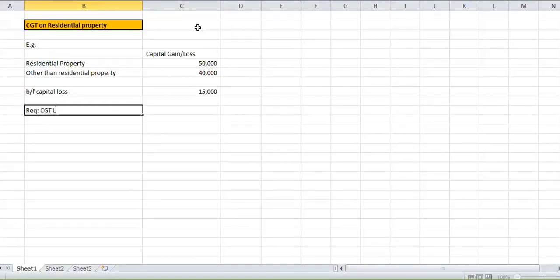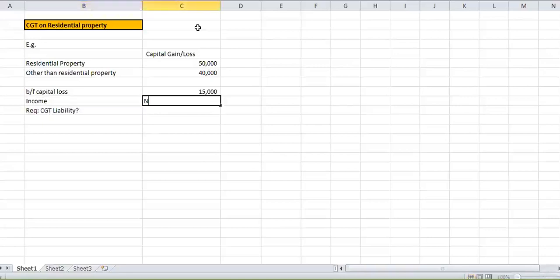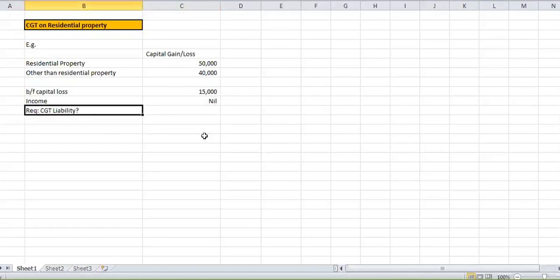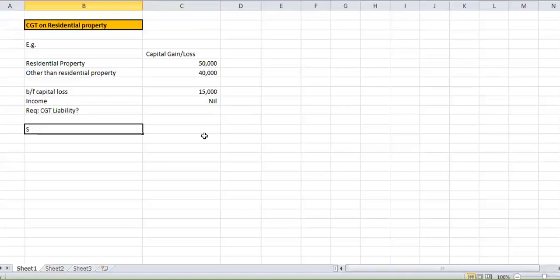CGT liability. We are required to calculate capital gain tax liability, and please remember the income of this individual is 0. So let's solve this one.